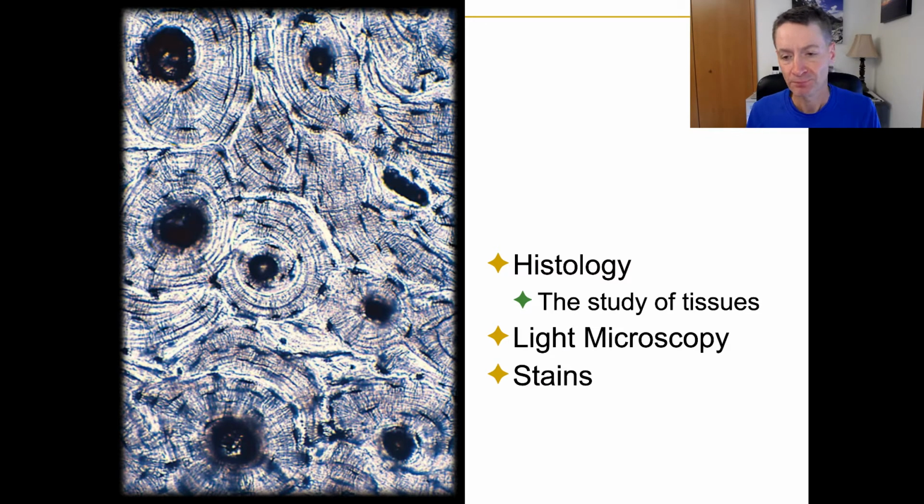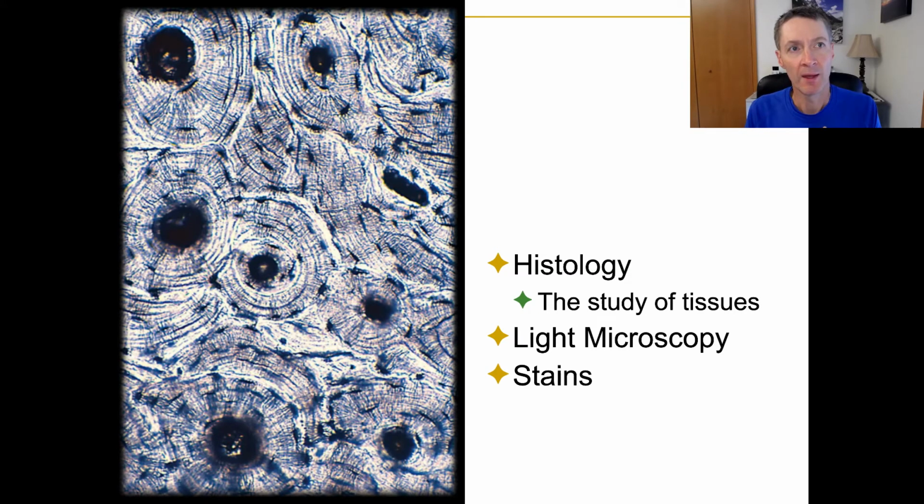Now, early on, we would take samples of tissues and try to look at them and had a very difficult time seeing any of the detail inside of cells. We couldn't even see the nucleus.